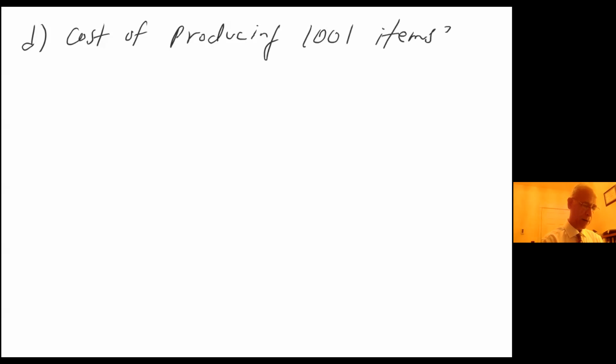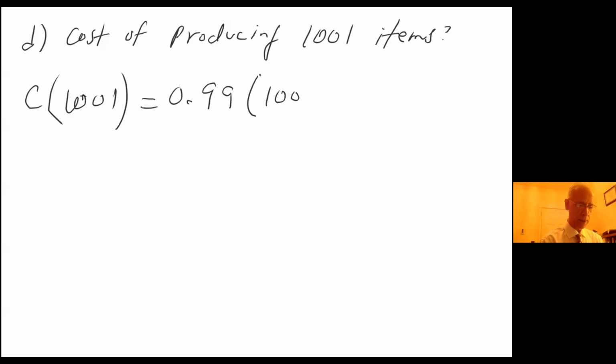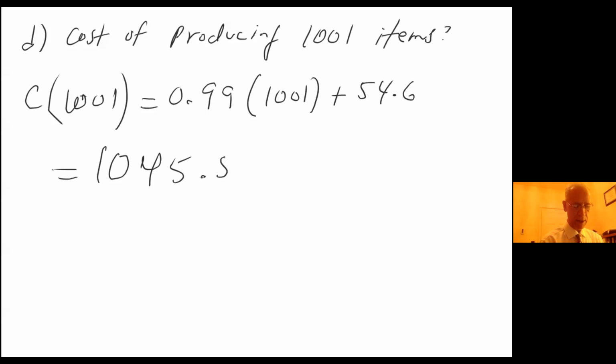So I have C of 1,001 items equals 0.99 times 1,001 plus 54.6, and that gives me $1,045.59. Okay. So now we are probably wondering, why did I do that?